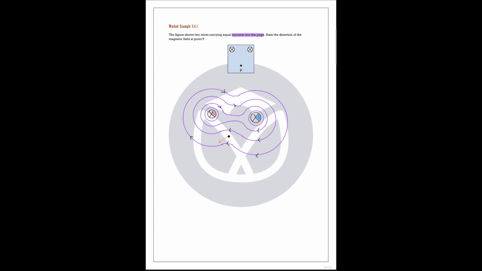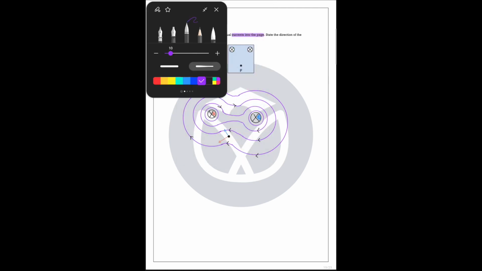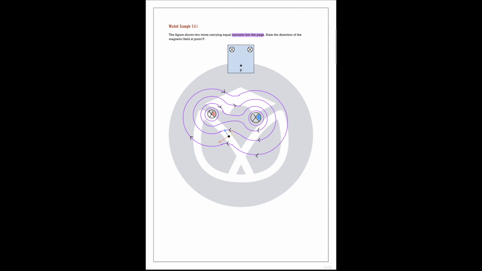The influence of this field will be along this direction. So you can see they're about the tangent of the circles which illustrate the magnetic fields. Therefore the resultant magnetic field will be the sum of the two vectors, and we'll illustrate this using orange. And we can see that the resultant magnetic field influence will be straight ahead.